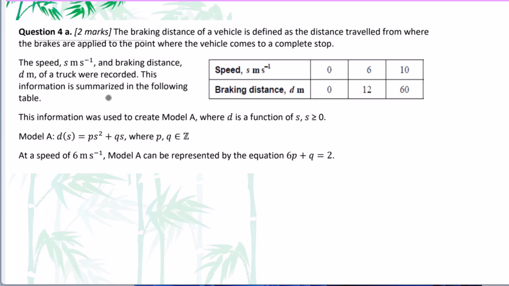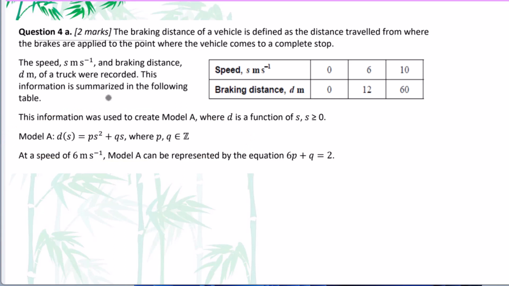This information was used to create Model A, where d is a function of s, s greater than or equal to 0. Model A: d of s equals ps squared plus qs, where p and q are integers.